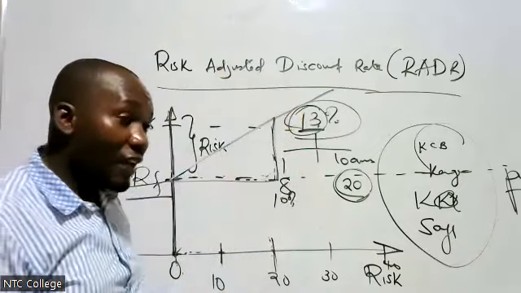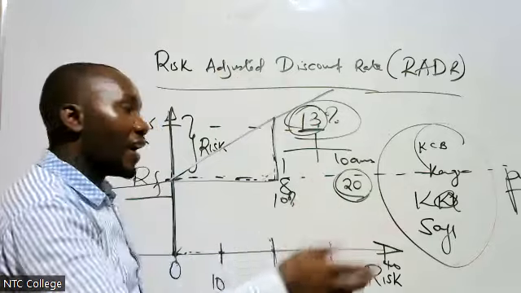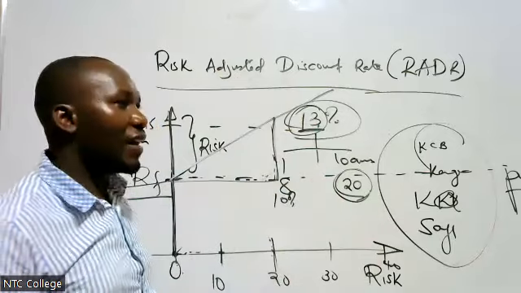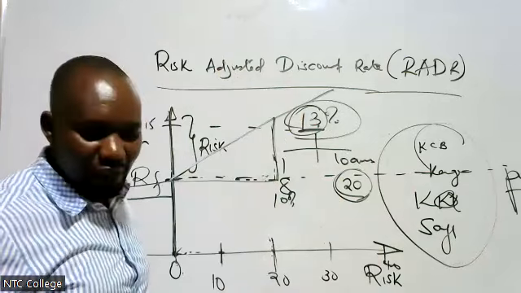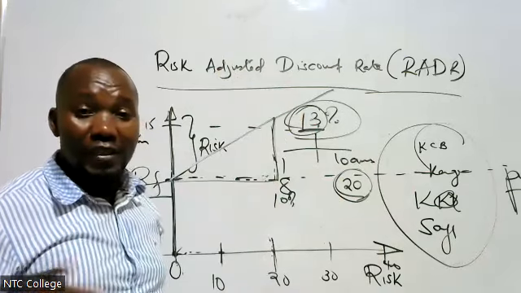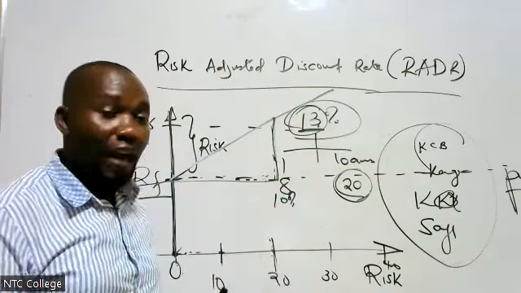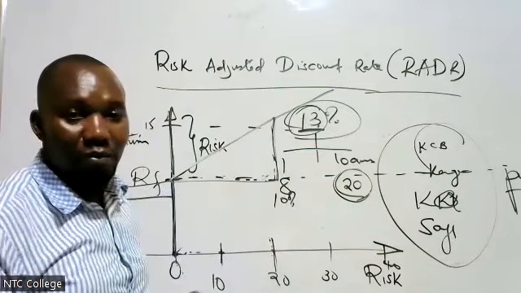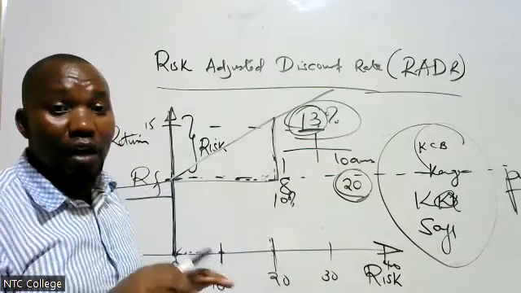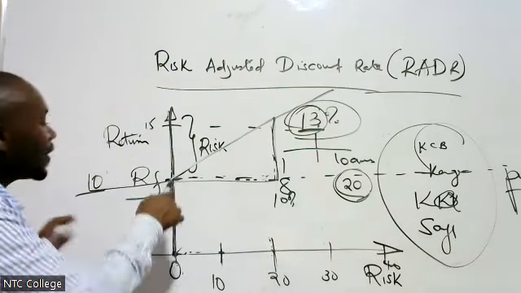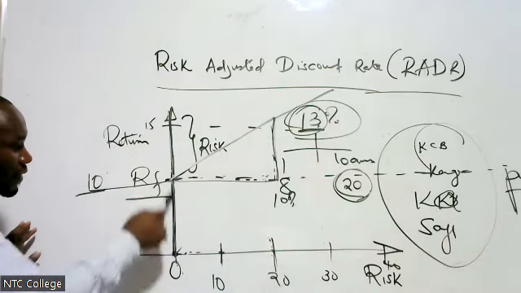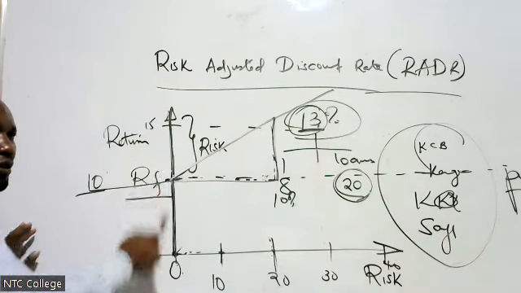Because even if I go now and take that money from CBK at 13%, I give somebody at 13%. The only thing that I've done is that I've wasted time, but my money, I'm sure of this return, 13%, because it is the minimum that you can be able to give. The same with this. So here, it acts as our benchmark, right?